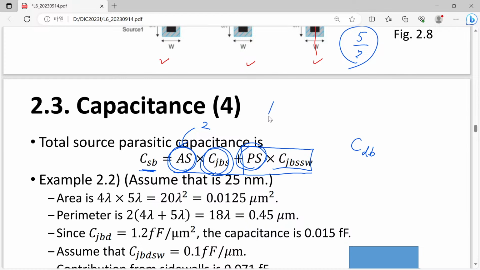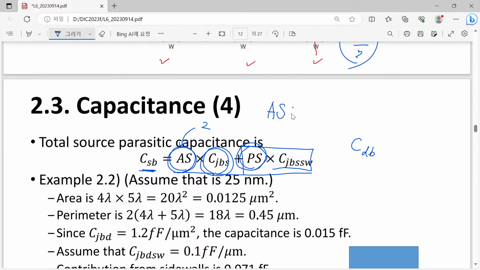So AS, in this notation, AS is corresponding to the area of your source region. If we are talking about the drain region, then we have area of drain region multiplied by capacitance between body and drain. So that is the area dependent one.